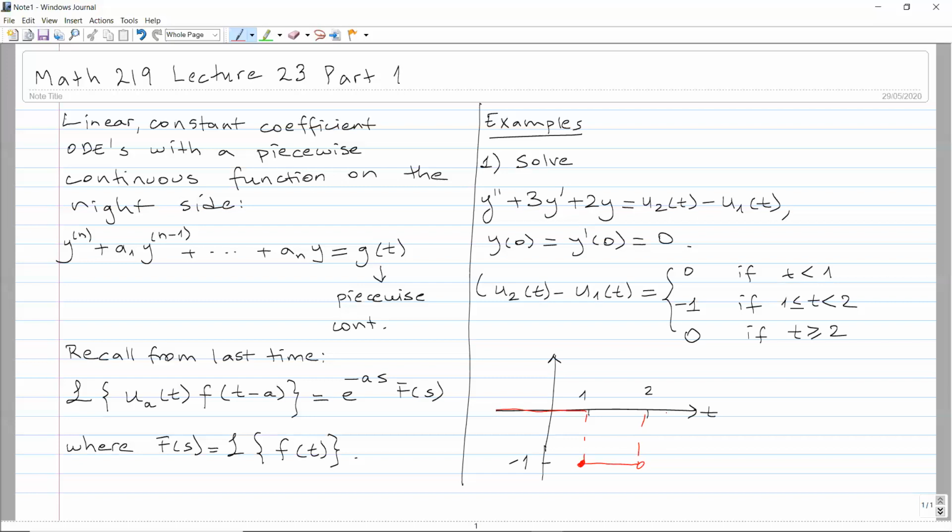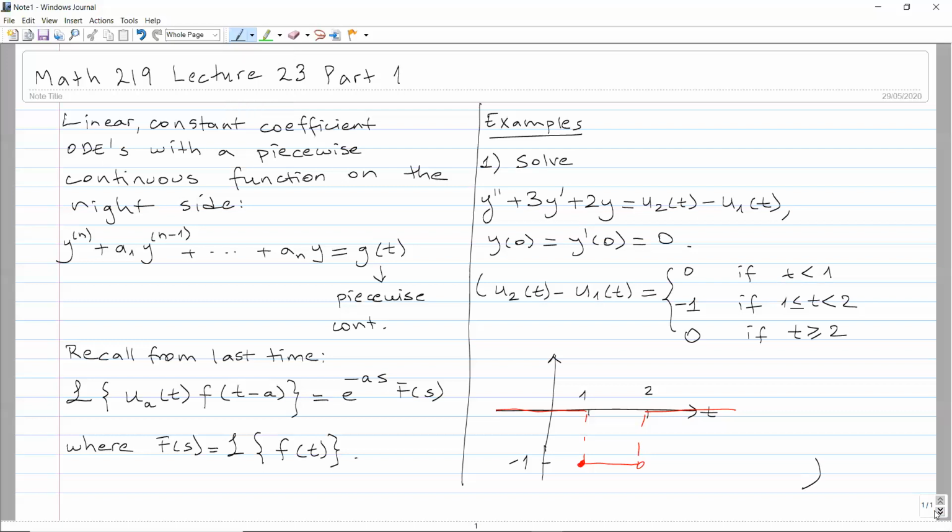You can take it to be 0 for t less than 0, or not. You can think about t starting from 0, it doesn't matter. So we want to find a solution to this equation.